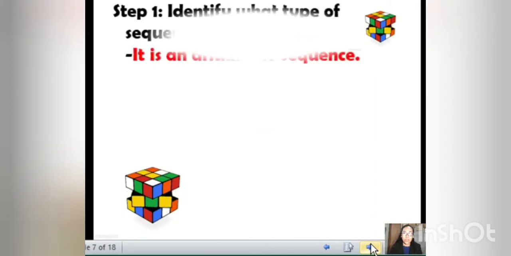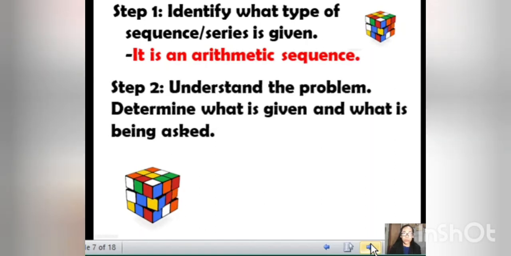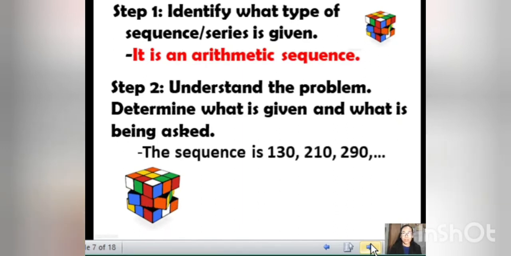Okay, so let's take the first step. Identify what type of sequence or series is given. So it is an arithmetic sequence also. Step number 2, understand the problem and determine what is given and what is being asked. So the sequence there is 130, 210, 290, and so on.